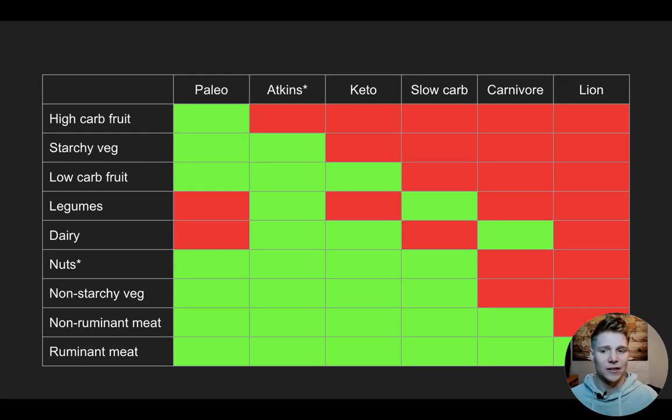I haven't looked into it too much, but that was just from doing some basic research. And you'll notice an asterisk next to the nuts as well, because on some of the diets, some nuts are allowed and some aren't. So I've marked it green if there are some kinds of nuts that are allowed, and if all nuts aren't allowed, then I've marked it red.